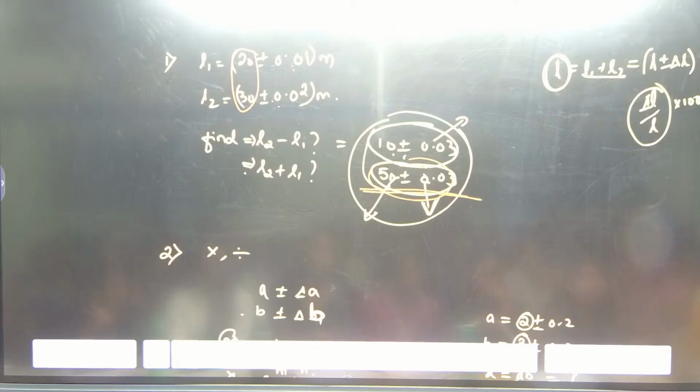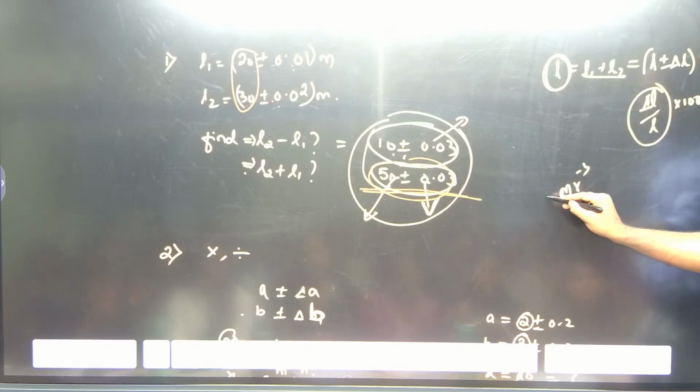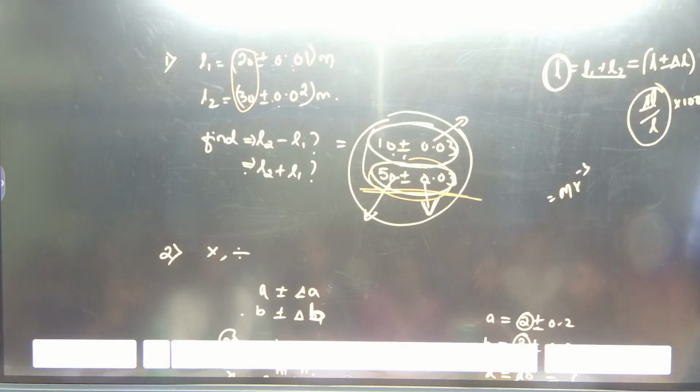R cube is there, so mass divided by R cube, m divided by R cube will give the density here, right? So the formula we got: m r power minus 3. Now they are asking for the percentage of the sphere.